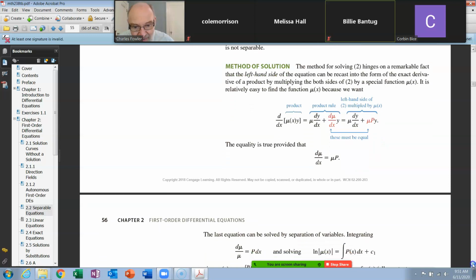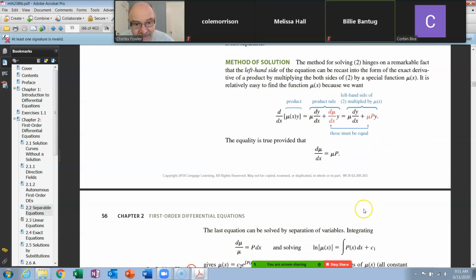What we do there is separate these variables. Remember, p is a function of x alone. So write this in differential form: dμ is equal to μ times p of x dx. Divide by μ, and dμ over μ is equal to p dx.